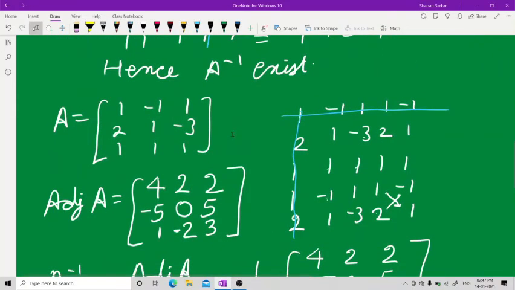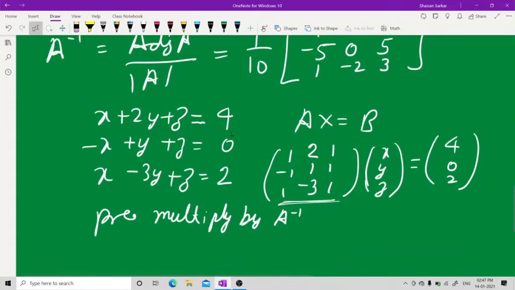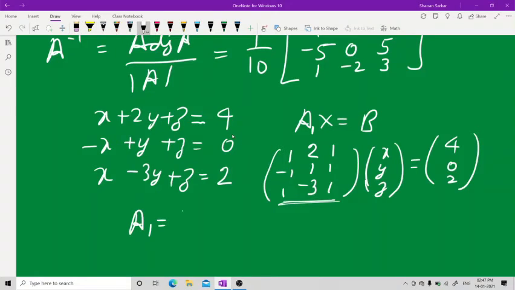Let us call it A1. Let me rub this first. This A1 matrix is basically the transpose of that matrix. So let me write it here. This is A1. A transpose X is B.